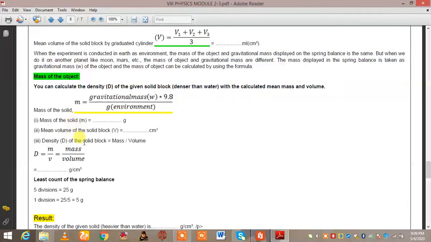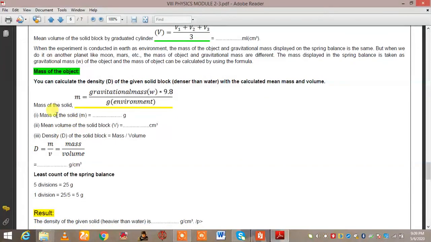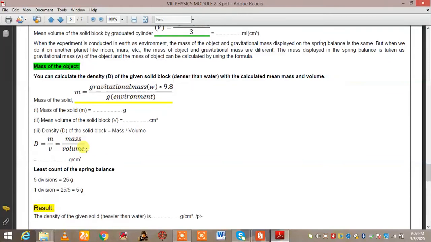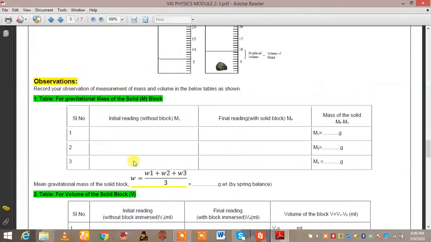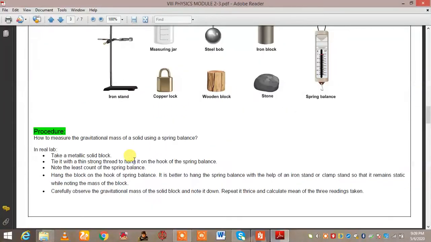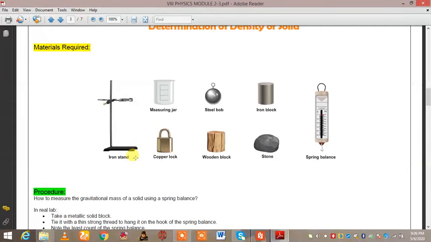Then the density is mass by volume. So we place the mass divided by its mean volume, and it will give our density. So that will be our exact determination of density of a regular solid.